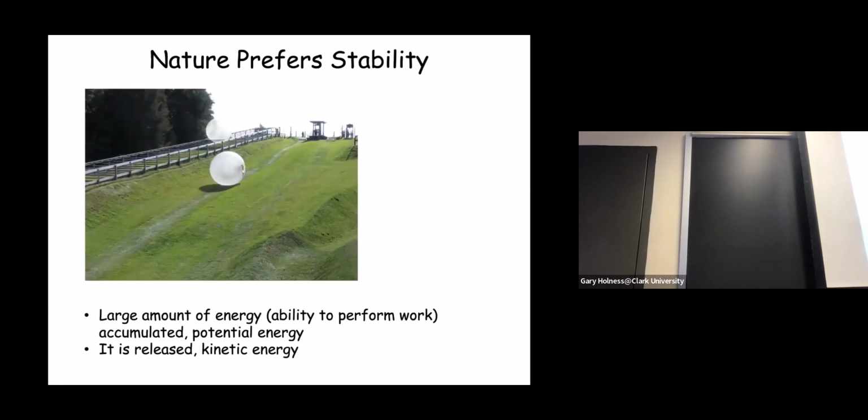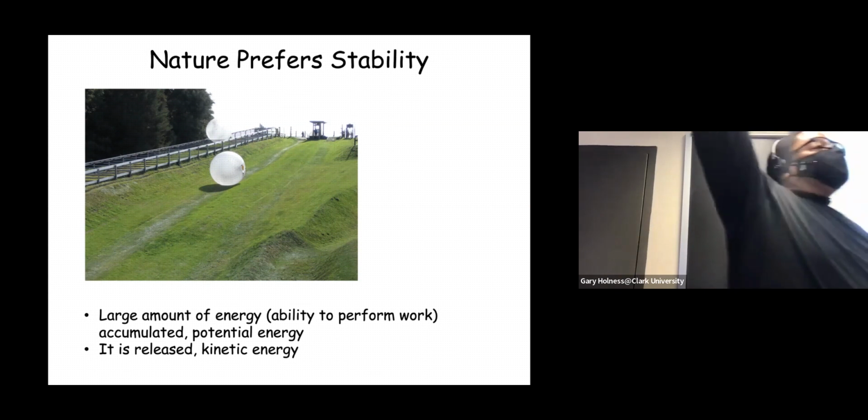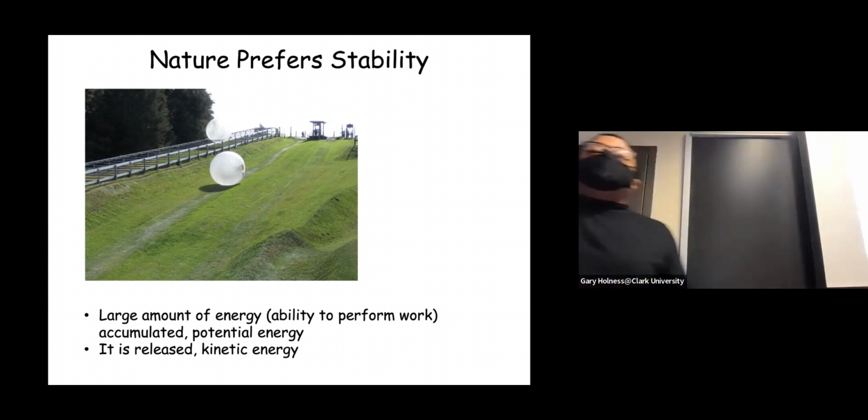Okay. And so just like what happens in kinematics, the physics of mechanical energy, if you were to take a ball and you put it at the top of a hill, that ball wants to go to a stable configuration. It has stored energy, so-called potential energy.